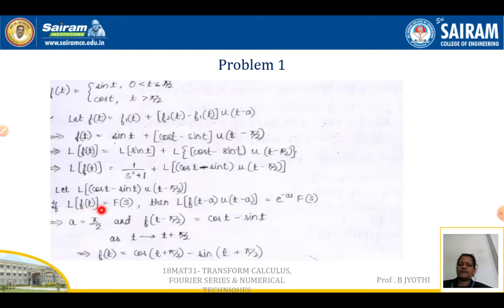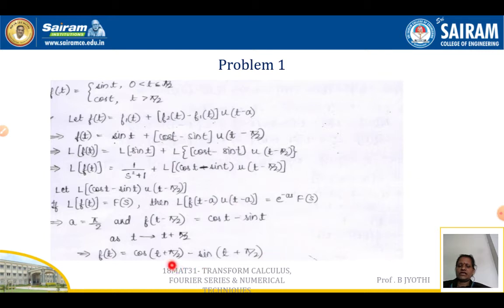If L of f of t is F of s, then L of f of t minus a into u of t minus a will be e power minus as into F of s, where a is pi by 2 and f of t minus pi by 2 is cos t minus sin t, as t tends to t plus pi by 2. We get f of t is cos of t plus pi by 2 minus sin of t plus pi by 2.